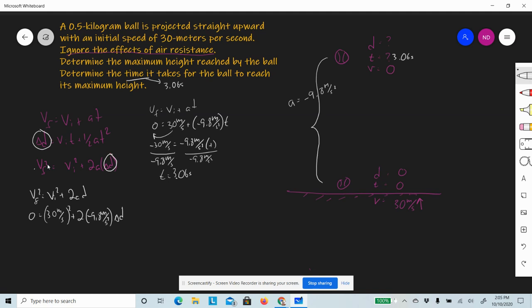This becomes 900, but we're going to bring it over there, so you end up with negative 900 equals negative 19.6 times the change in distance. Change in distance, 900 divided by 19.6, 45.9. We'll just call it 46 meters.